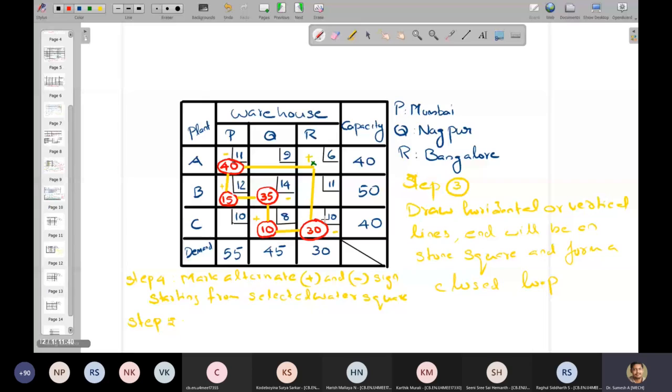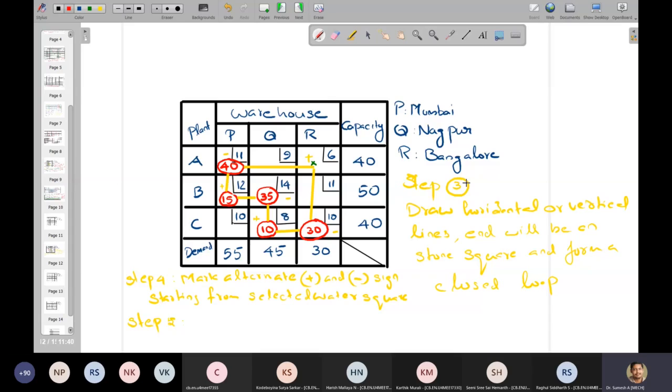Then this 15 has to be modified. 15 becomes 30 plus 15, 45. Then to accommodate that change, you need to modify here, and here. So the total change you have to do. Now what quantity will you select and what quantity are you going to transfer?